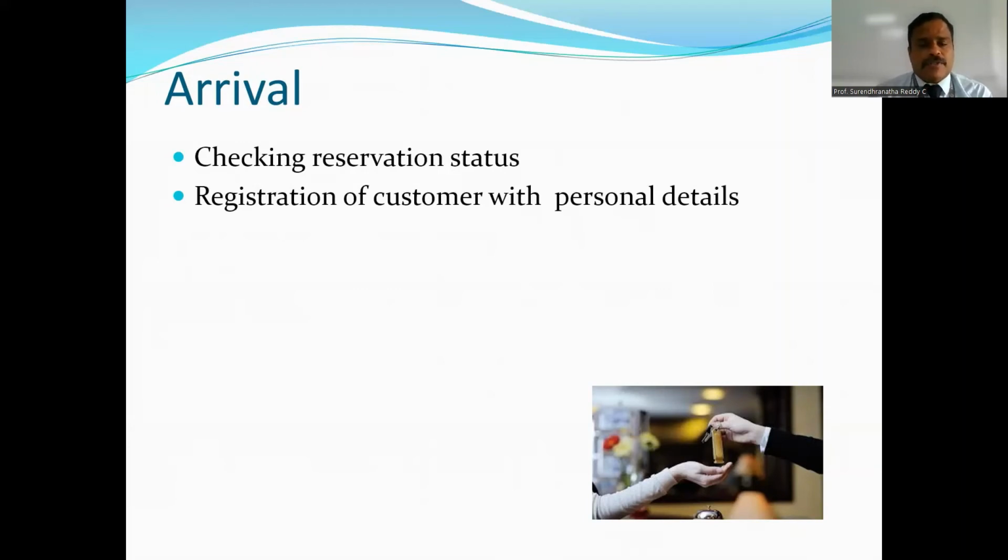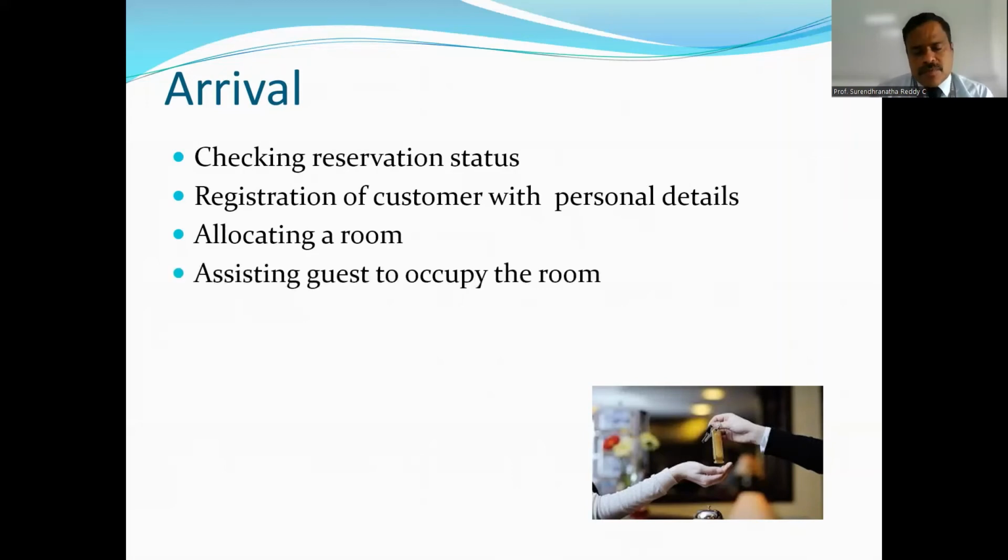That's an advantage of online registration. Then they allocate a room with all the details, the room number, and what facilities are there in each room. Then they assist the guest to occupy the room. So there are some activities which happen during the arrival of the customer.